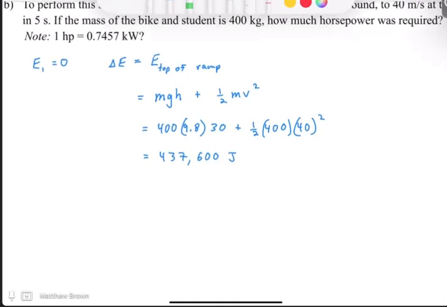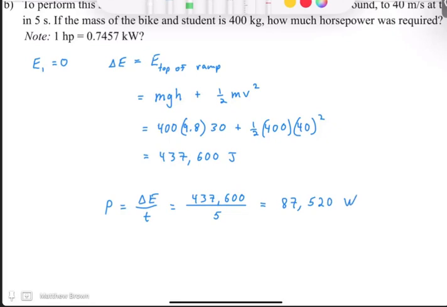And so that means the power, which is, in this case, delta E over T, would just equal 437,600 over the time that this took place, which we're told is 5 seconds. So we can divide that by 5, and that gives me 87,520 watts.